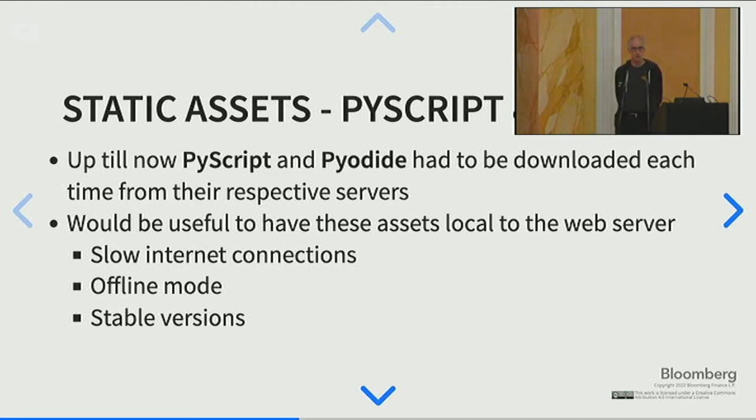One, if you have a slow internet connection, if you're not blessed with a gigabit internet connection to the world, you're going to notice these downtimes. Also, if you don't have it local to your web server, you can't do any offline development. You have to be connected to the web in order to do anything.